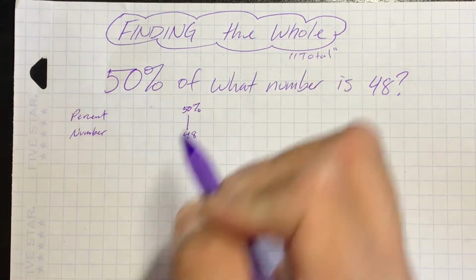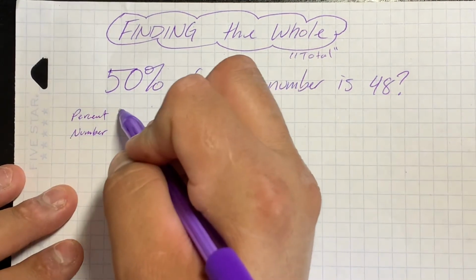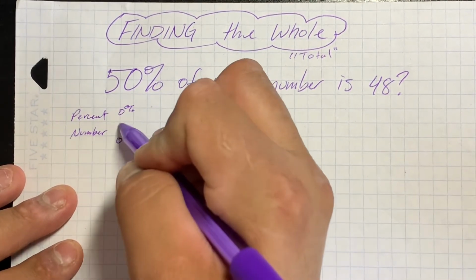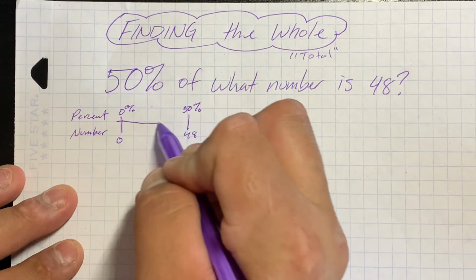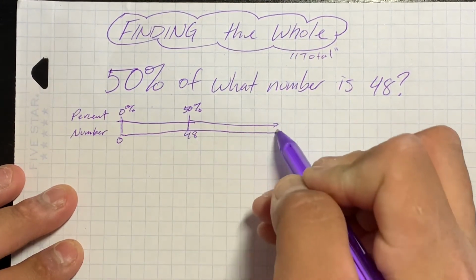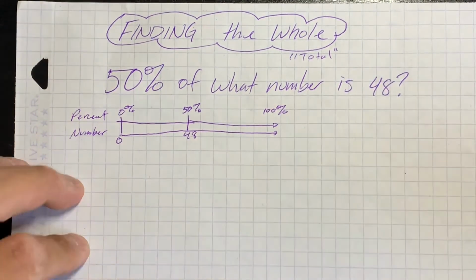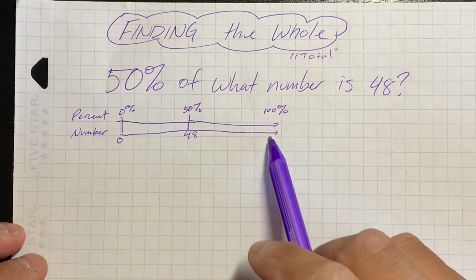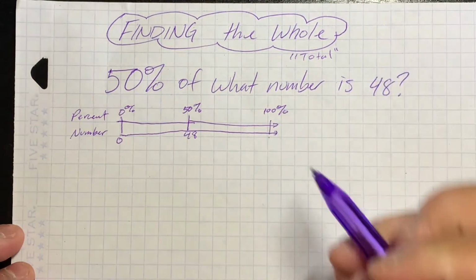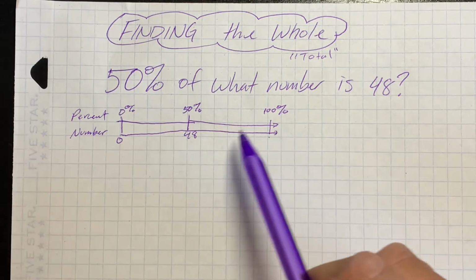So that means you have 48 here. So again, 0% would be 0. Okay, and this double number line here. And if we kept going, what would be 100% is what we're asking. So we're trying to find the whole here. What would be 100%? Well, if 48 is half of that number, we just double 48.